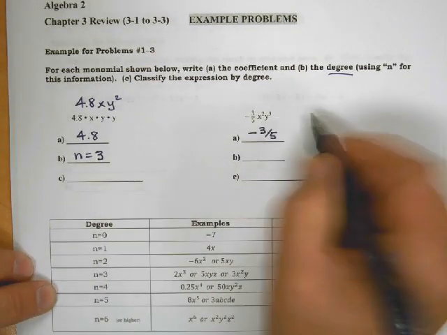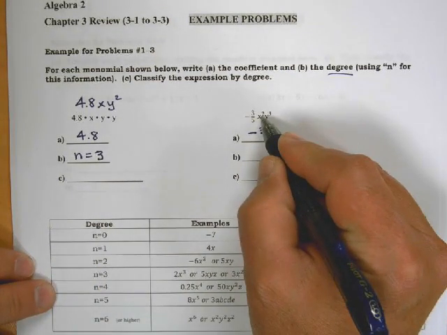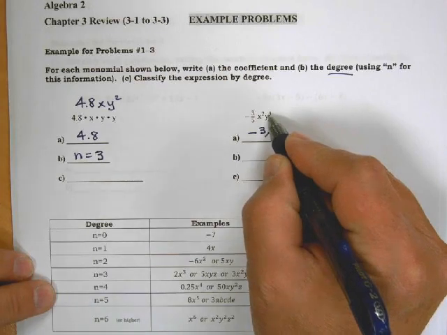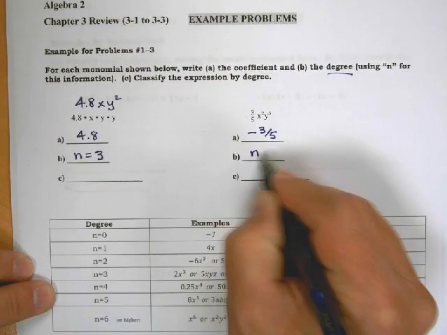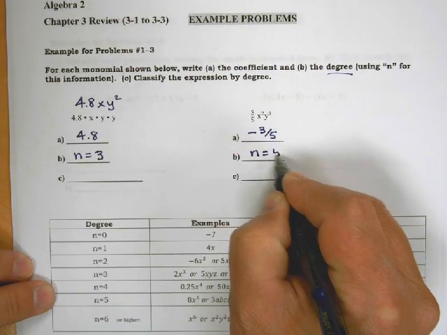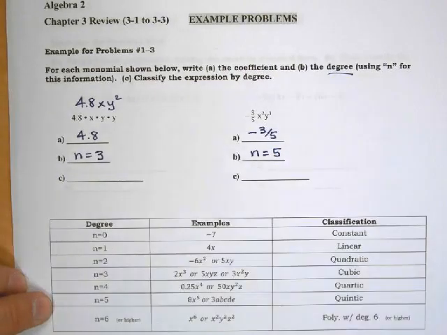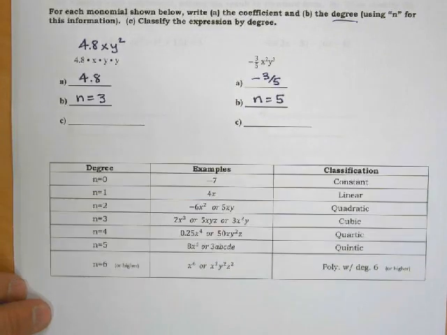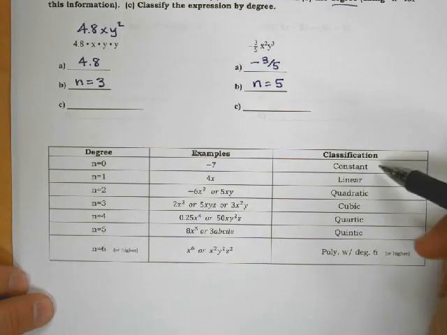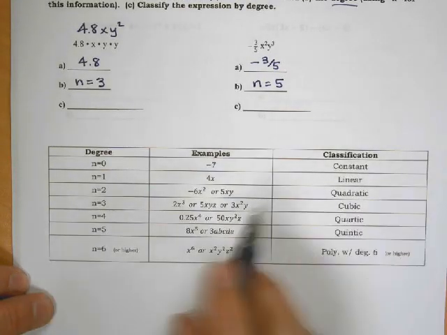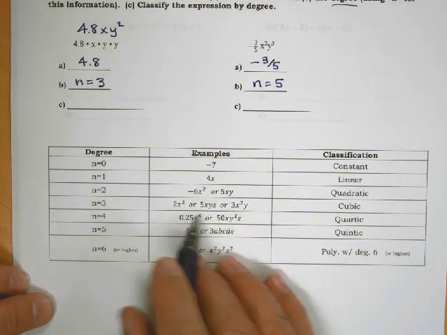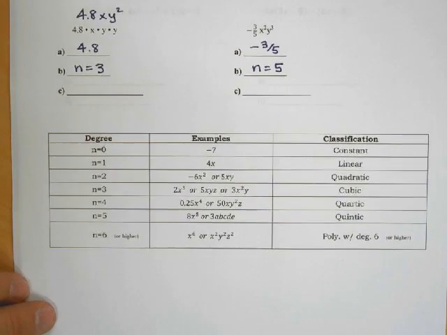This one, if you wrote it all out, would have x times x, that's 2 variables, and a y times a y times a y. So this one has degree of 5. And then you're supposed to classify it by that degree. Well, the classifications are written over here on the right column, and you can use this chart for your examples.